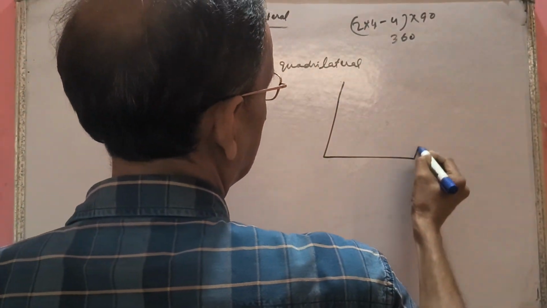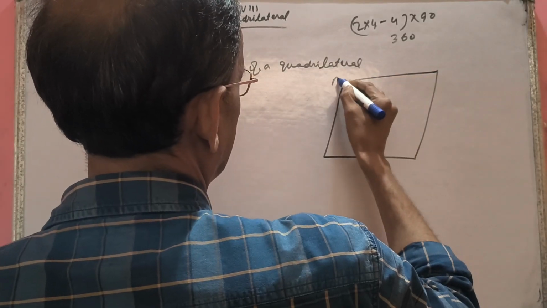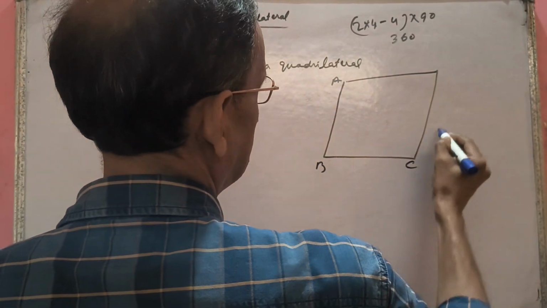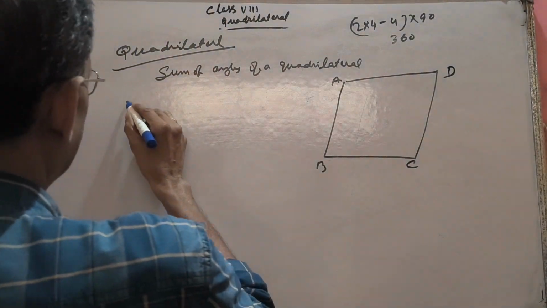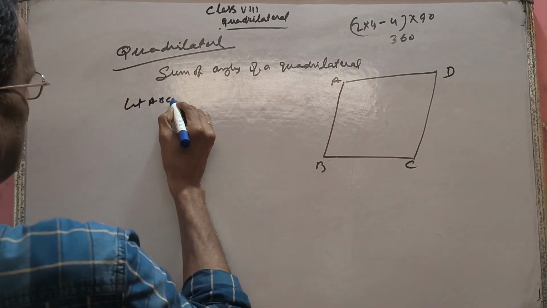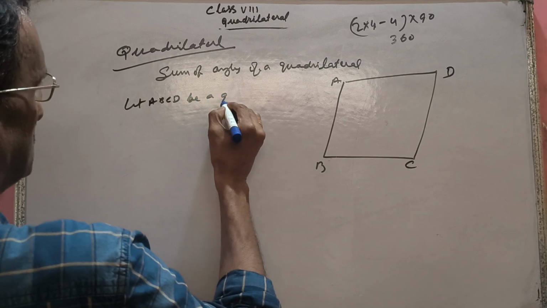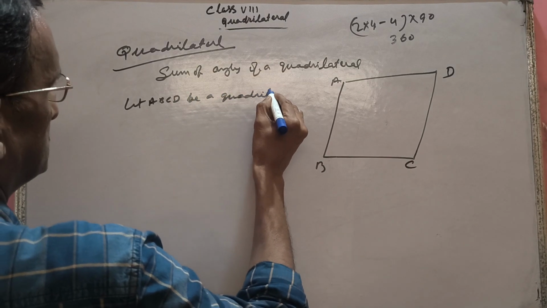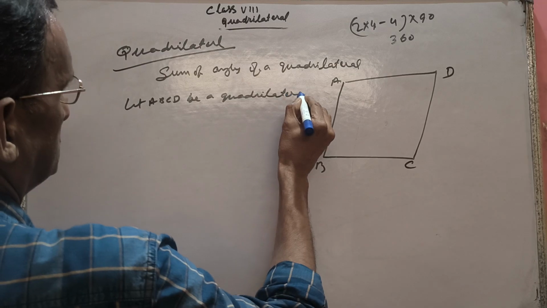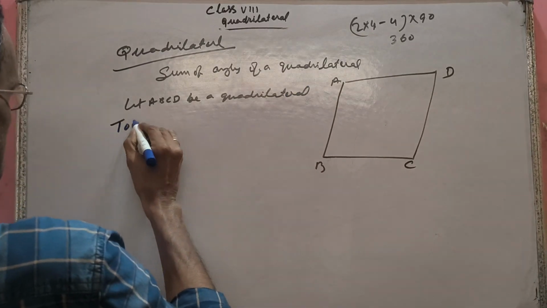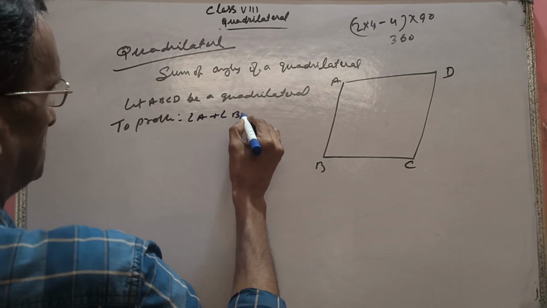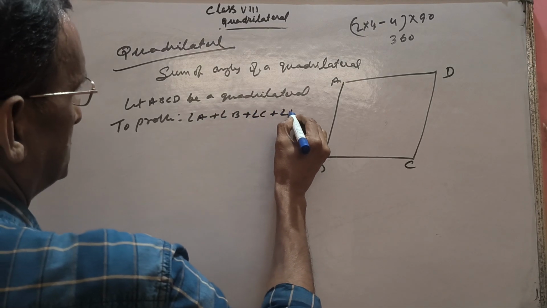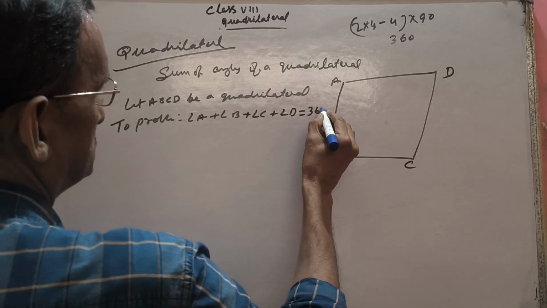So we draw a quadrilateral ABCD. We need to prove, let ABCD be a quadrilateral. Then we need to prove angle A plus angle B plus angle C plus angle D equal to 360 degrees.